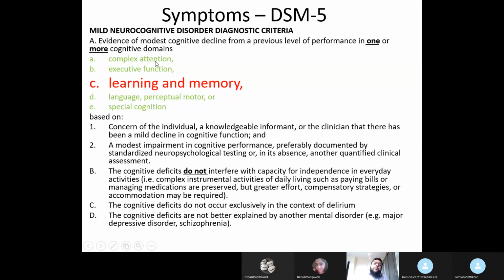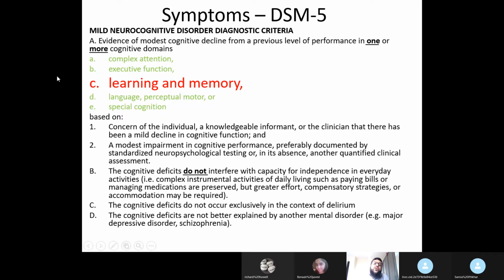Executive functioning is usually defined by apraxia, aphasia is language, and agnosia is visuospatial cognition. So instead of using those A's, we describe them here with other terms.